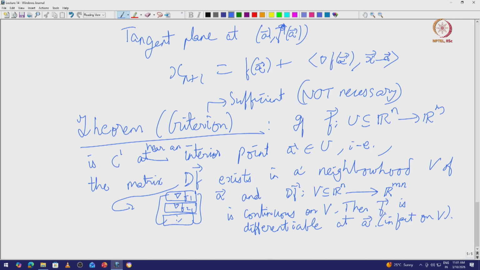Okay. So once again, what does the theorem say? If you're C1 near a point a, then you're differentiable near that point. Near that point in the sense you're differentiable at that point and in a neighborhood.